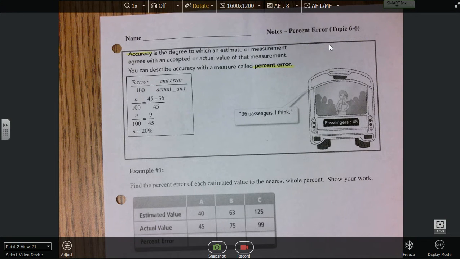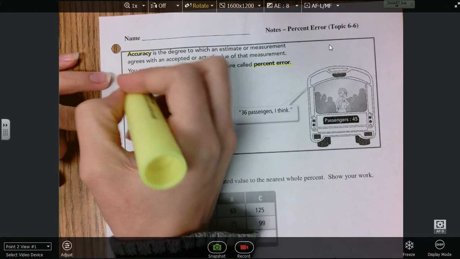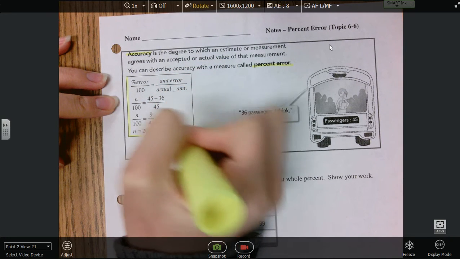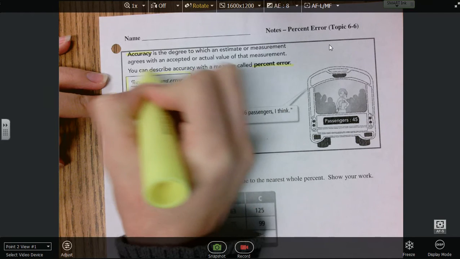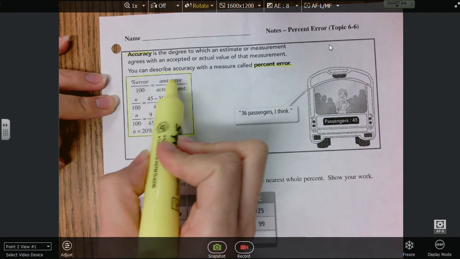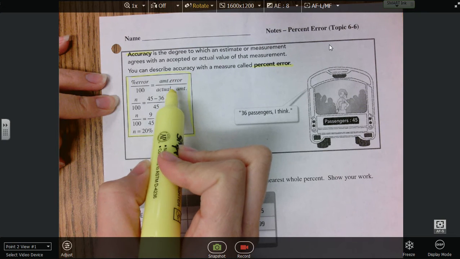We are going to be solving these the exact same way that we were solving our other percent problems the other day. We're going to continue to use a proportion where you've got the percent of error divided by 100 equal to the amount of error divided by the actual amount.